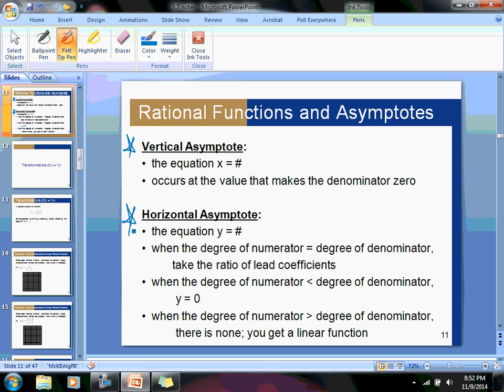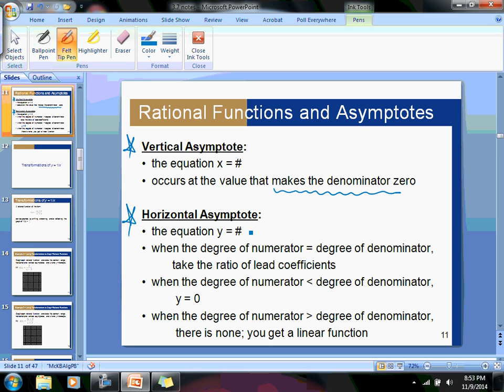And it's going to occur at the value that makes the denominator 0. So if your denominator is x minus 5, then the value that your denominator couldn't have would be 5. So then x equals 5 would be your vertical asymptote. That would be where the graph doesn't exist for that value.